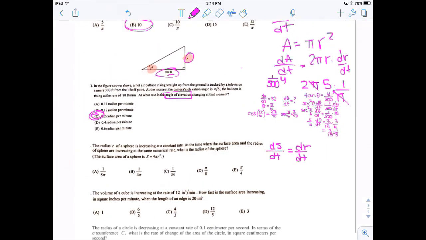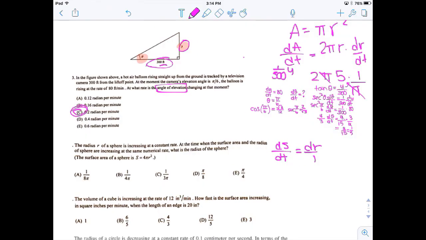So at that point, when that's true, when would this happen? Now, dr dt, we don't know, but we know it's constant, right? And the surface area is S, so 4 pi r squared equals S. So ds dt would be 8 pi r dr dt.